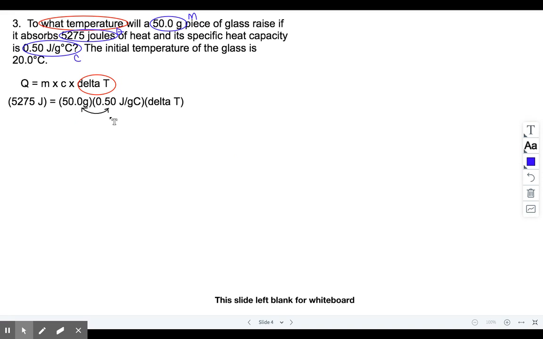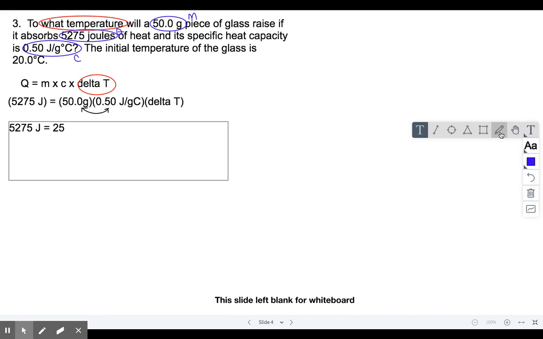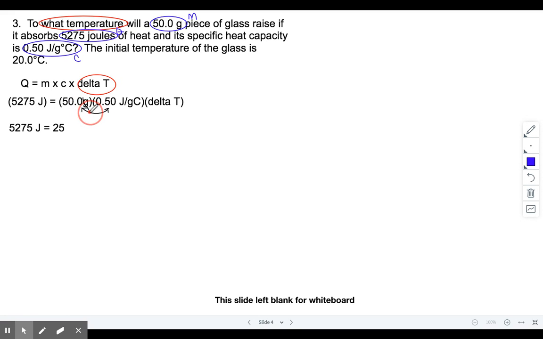So now I'm going to work right below it. Nothing's going to happen to these joules, so my joules stays the same. Then I multiply 50 times 0.5, and that gives me 25, but don't forget the units. I have grams and grams, so I'm going to cancel those out.